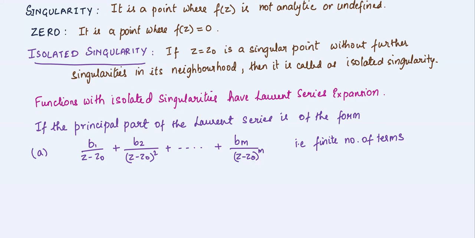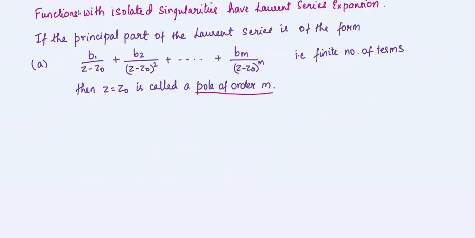then, very important, z equal to z naught is called a pole of order m. So this is a pole of order m. The singular point is also called a pole.